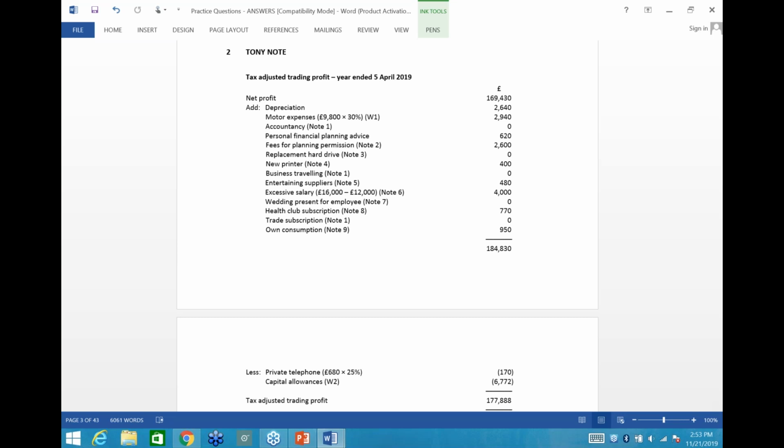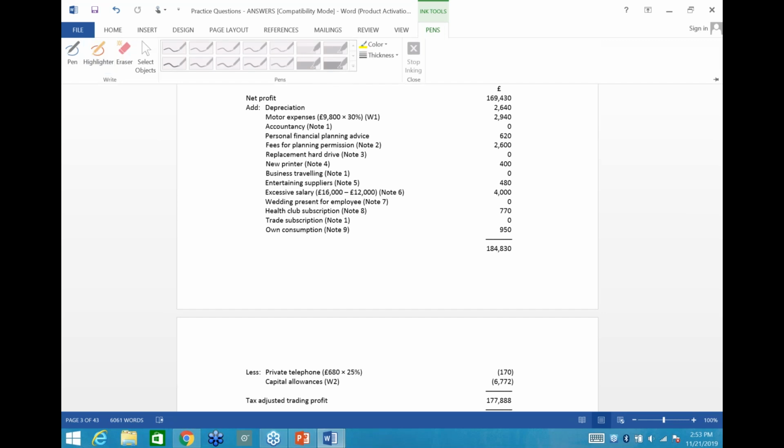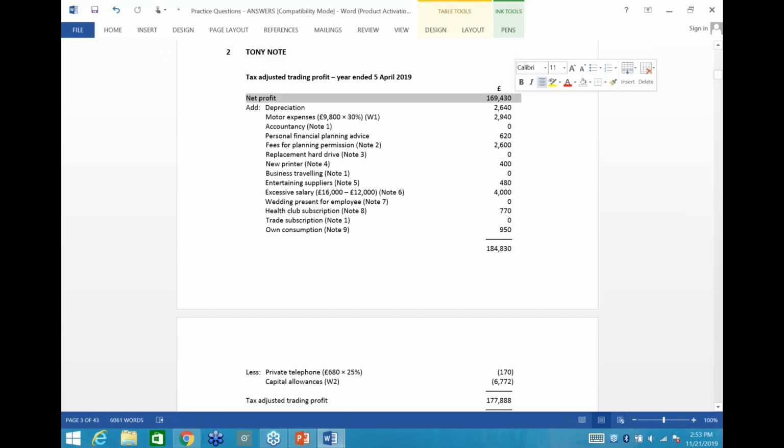Now here, we have to start our computation with the net profit figure of 169,430. That is a piece of instruction given in the question.